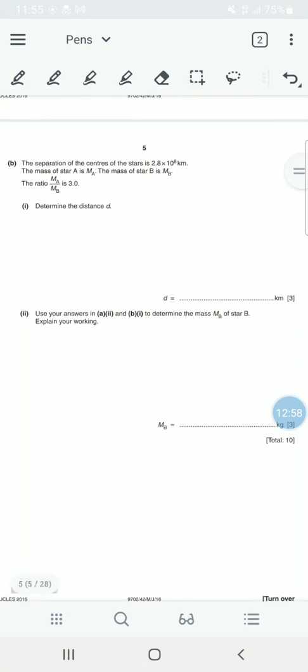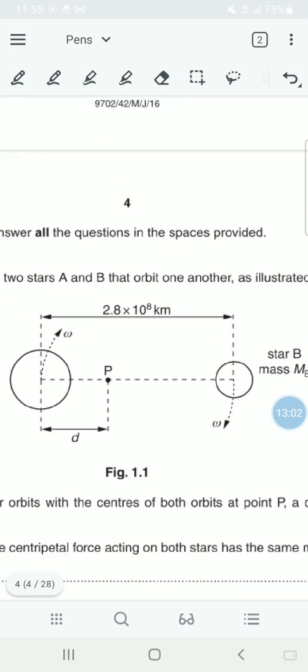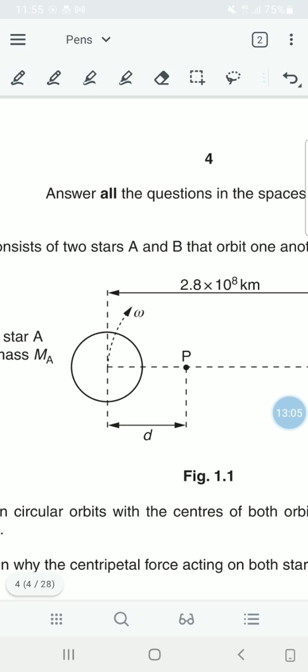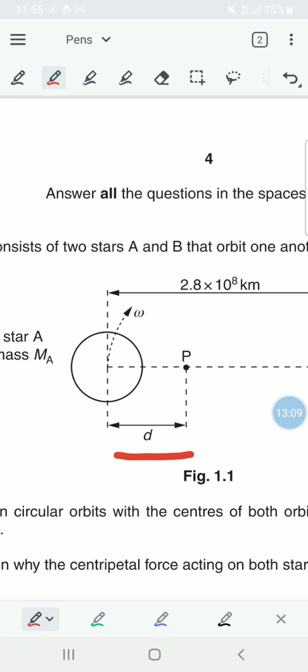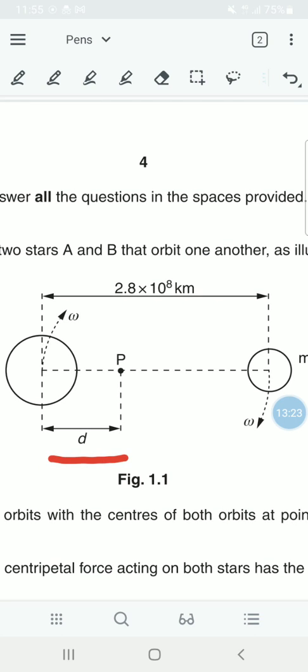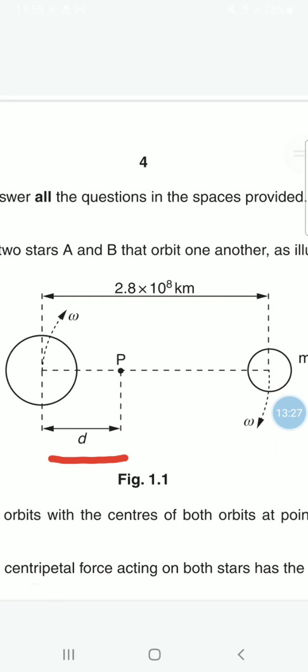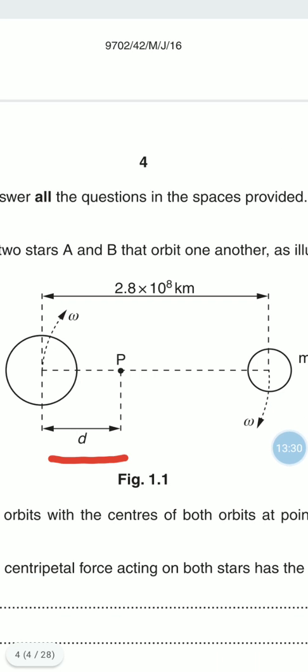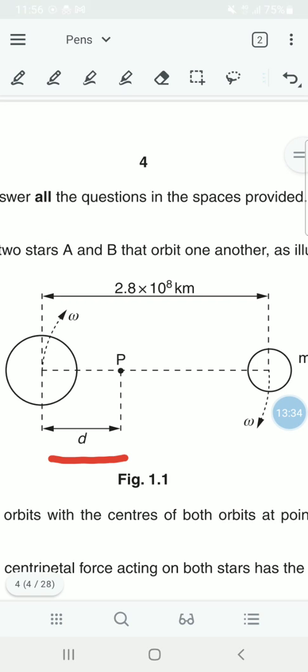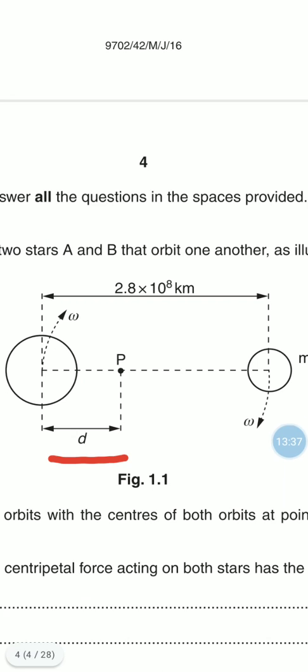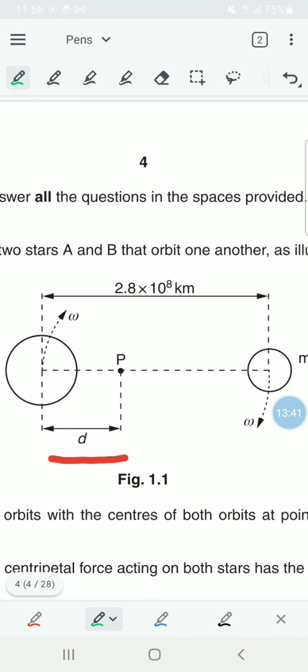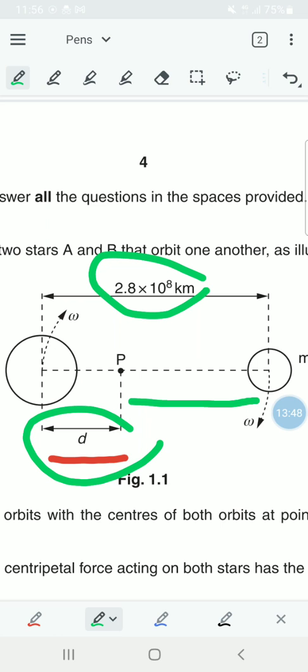Now let me show you how it is done. D is the radius of this circle, the star A circle. But because the total separation between these two is 2.8 into 10 to the power 8, the distance between P and star B is this length, from which you have to subtract D. Simple, right?